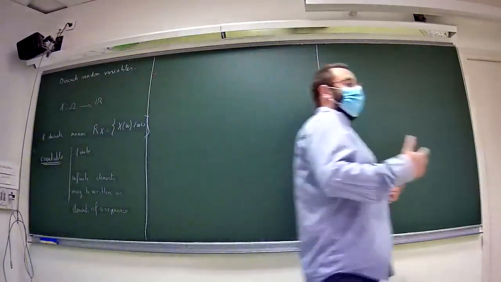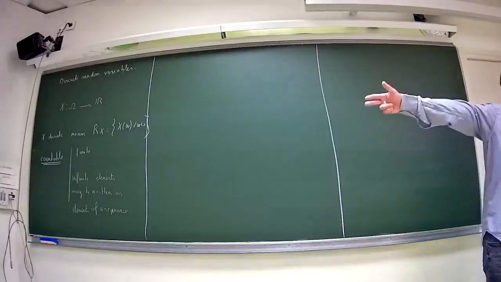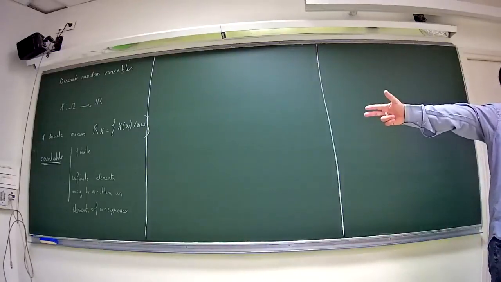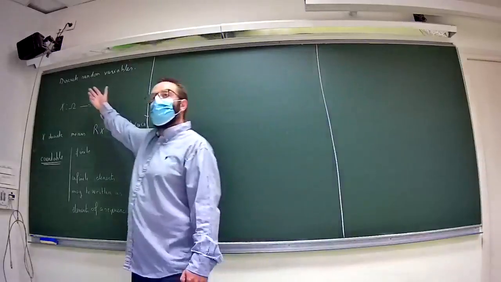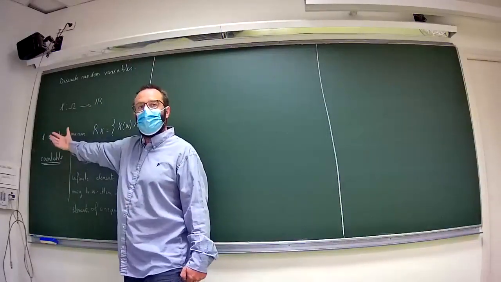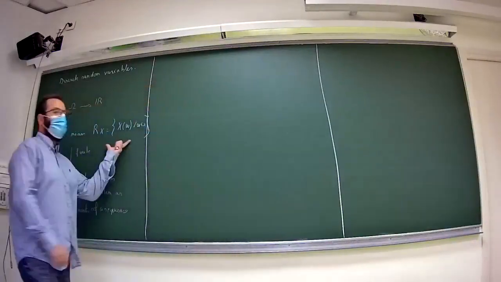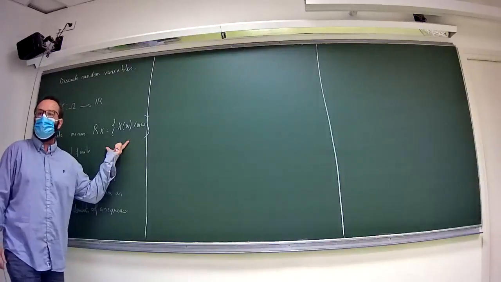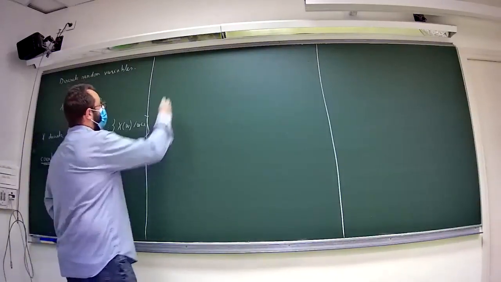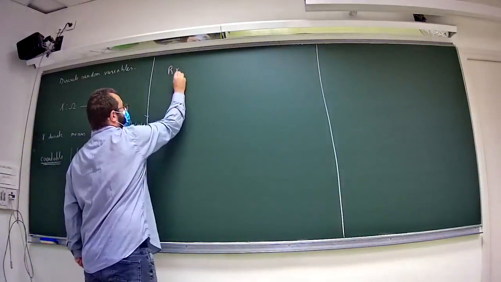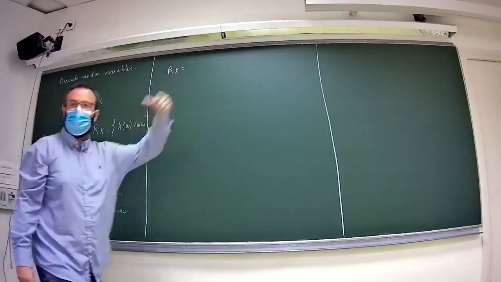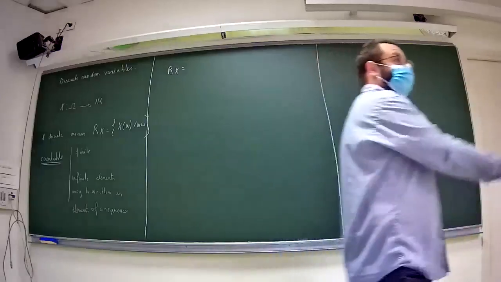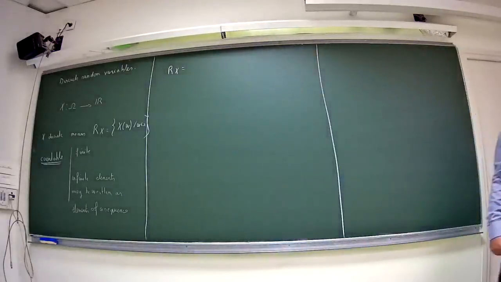So in order to lighten a little the notation, it's just the definition that is a slide concerning the prerequisite. Okay? So, in order to lighten the notation with this discrete random variable, we are going to give a name to the set of the possible values. Okay? So, R of X, that is defined as this set, the set of the possible values. Okay, I give a name to these possible values.